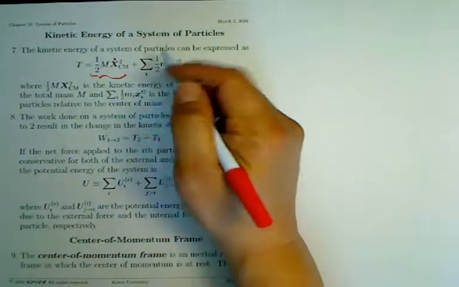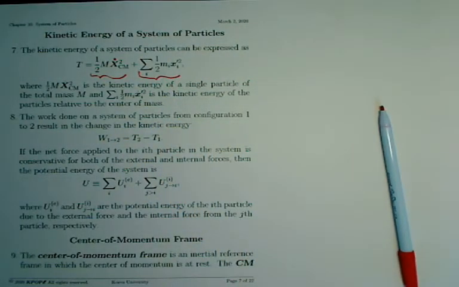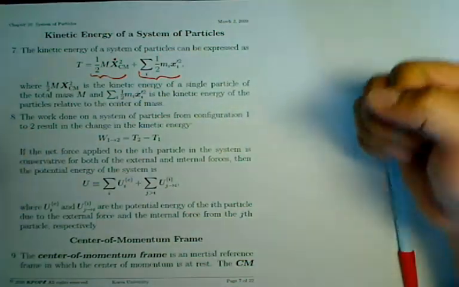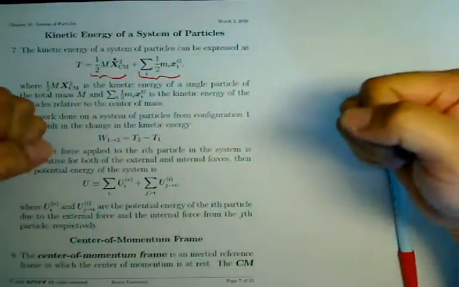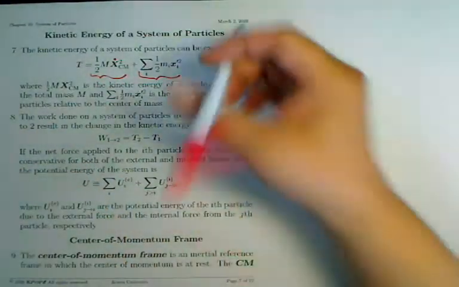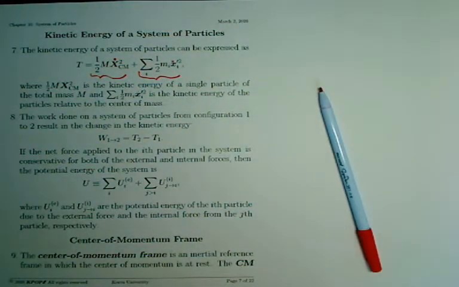And the remaining piece is the kinetic energy due to the relative motion of each particle relative to the center of mass. For a rigid body system, that relative motion is just a rotational motion. But in the case of a celestial body, it may rotate or it may oscillate along the radial direction. So this is a general relative motion with respect to the center of mass.